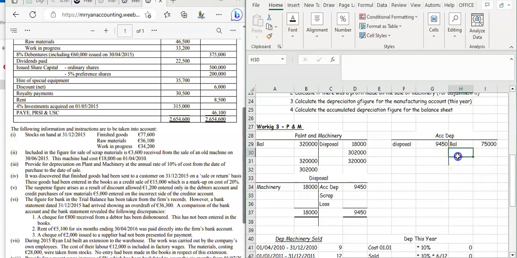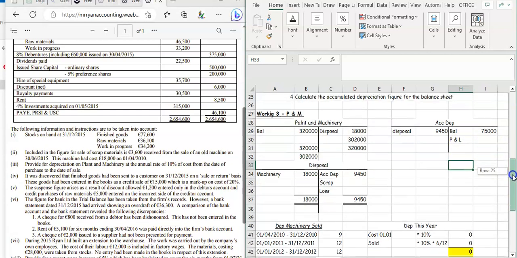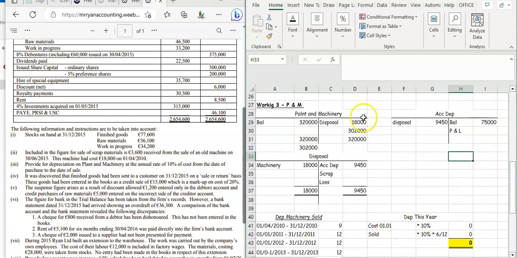Now we need to calculate the figure that goes into our profit and loss, or in this case, our manufacturing account. So we're going to take the depreciation for our total, which is 302,000, and multiply that by 10%.